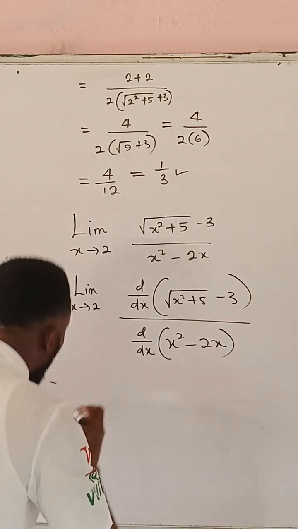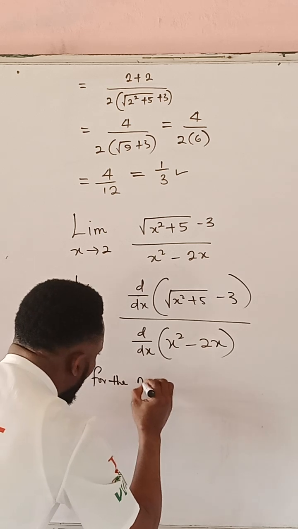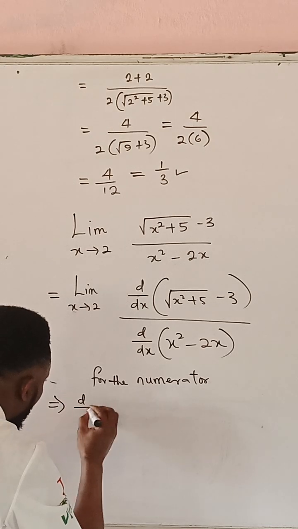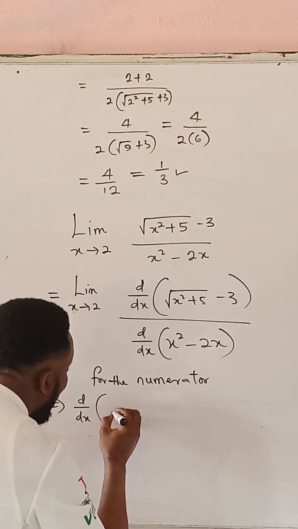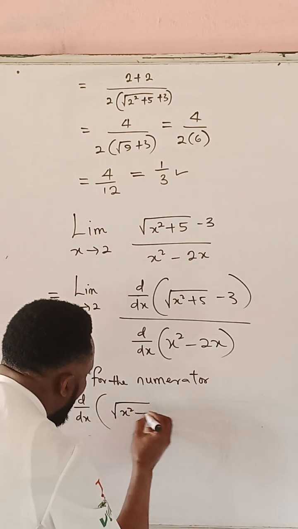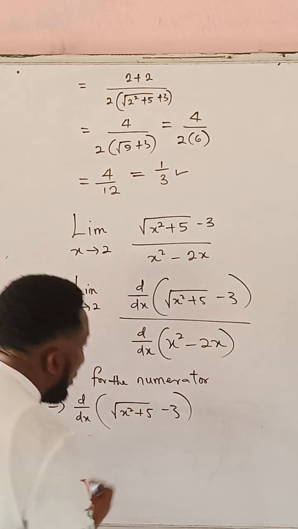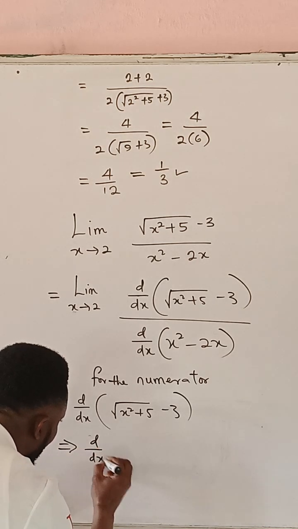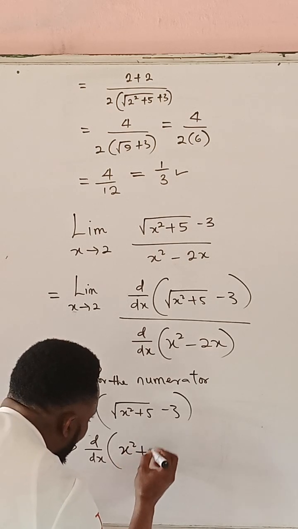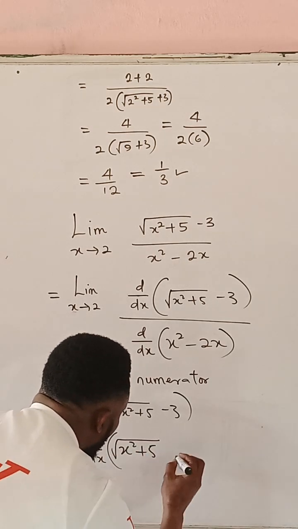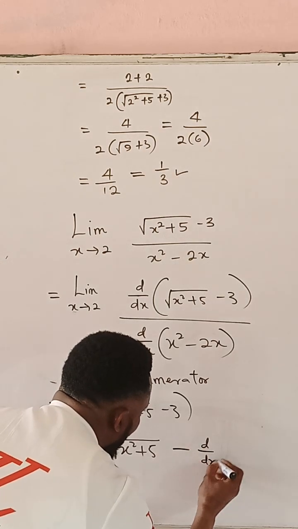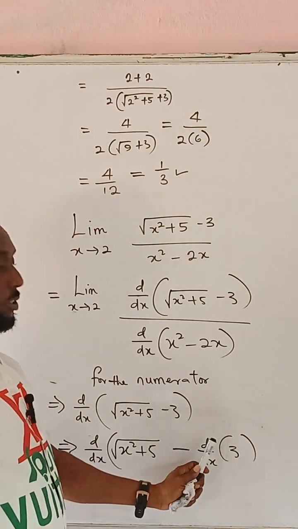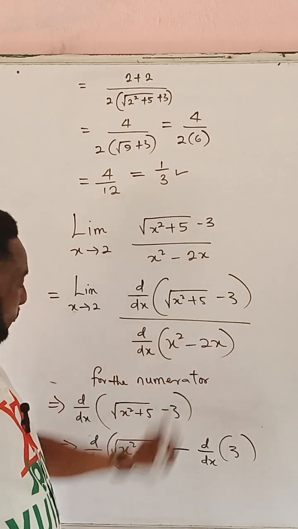Now for the numerator, what we have there is the differential operator of the square root of s squared plus 5 minus 3. So this actually implies that we need to differentiate s squared plus 5 under a square root. Then we need to differentiate 3, which is a constant. Now, to differentiate the constant, we get 0, so that's off.